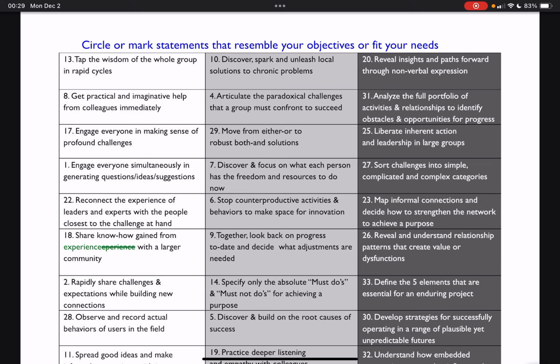So by basically saying, all right, the white column is interaction, the gray column is inquiry, the dark column is artifacts, saying, hey, first just ask yourself the question in your context, which one of these columns is the most relevant? Do I think that communication and the group dynamics are the thing that needs influencing?